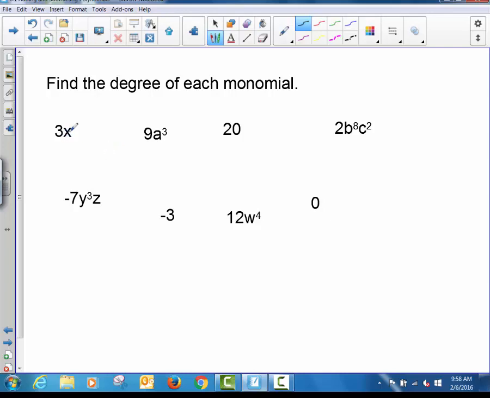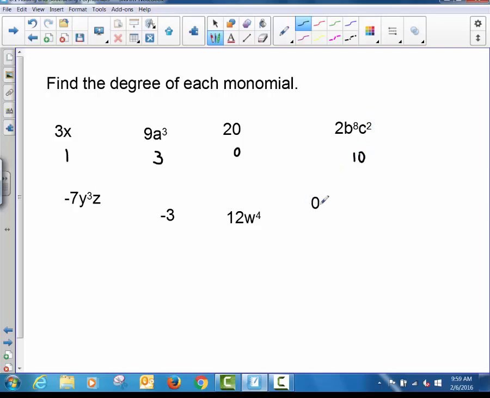All right, this one's 3x. We had this one in the example, so this one is a 1. This one is a 3 because of the 3 that goes with the a. This one might have been a little bit tricky for the first time, but remember there is no variable here, so that means that the degree is 0. This one, the degree is 8 plus 2 is 10.